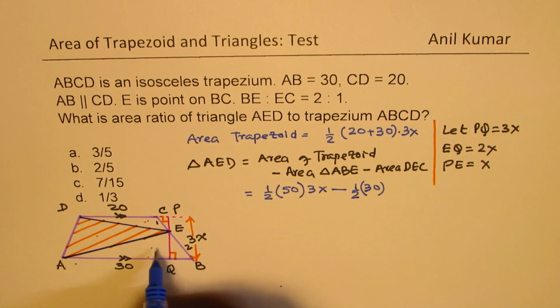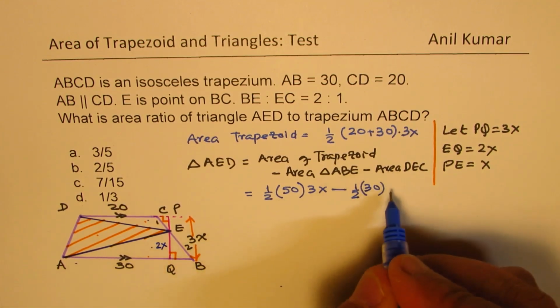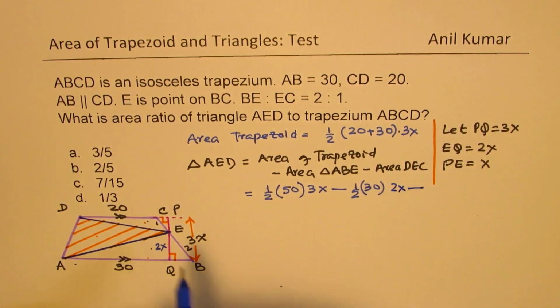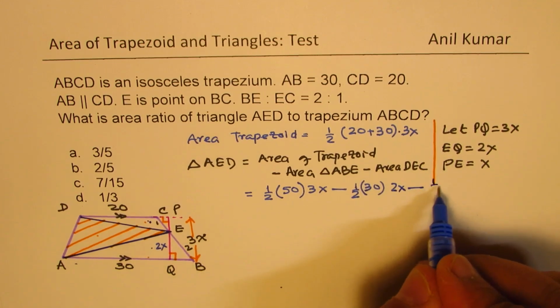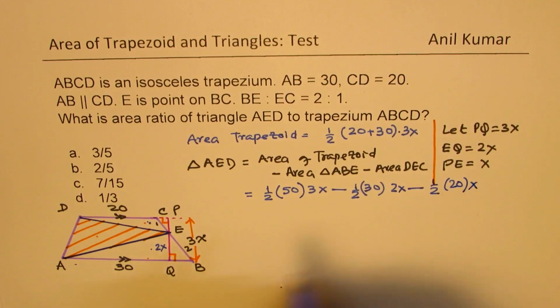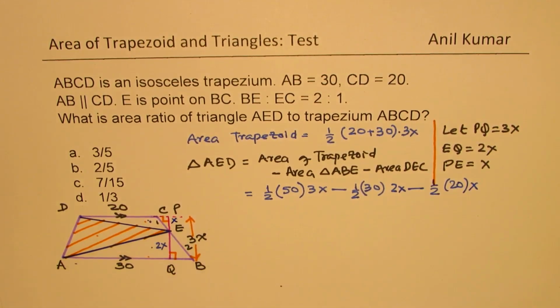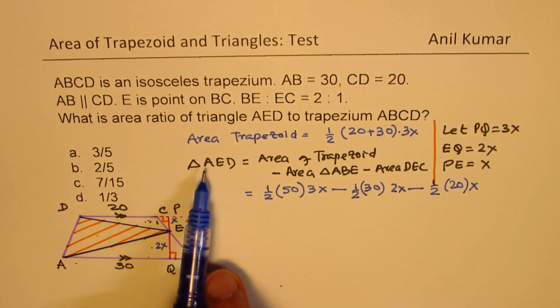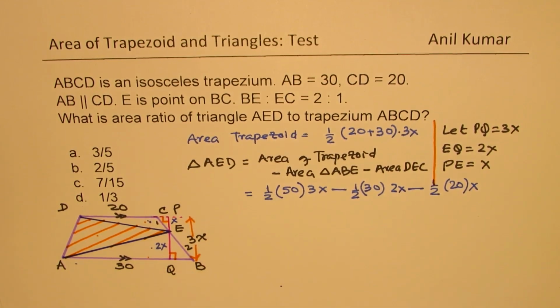So this height will be 2x, minus the area of the small triangle, which is half of 20, the other side length, times x, right? So this side will be x.